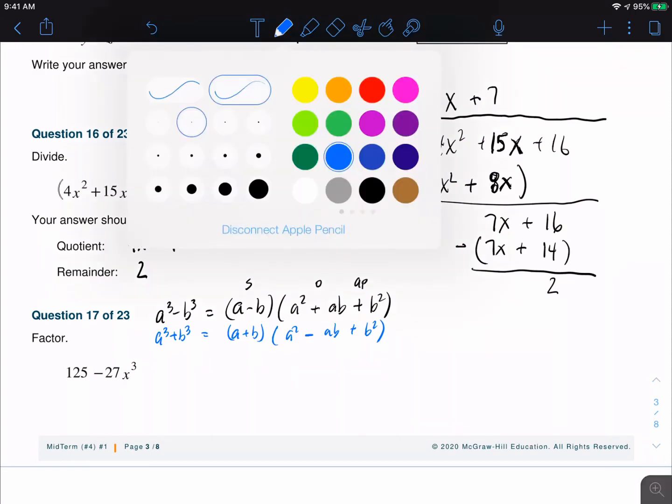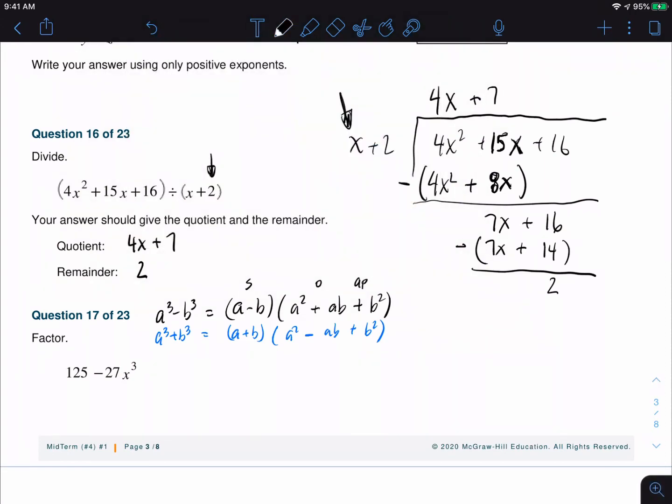So in the example that we have, this is 5 cubed minus 3x cubed. So that's going to give me 5 minus 3x, and then 5 squared, so it's now plus 5 times 3x plus 3x squared.